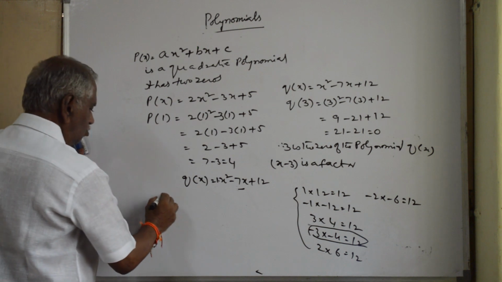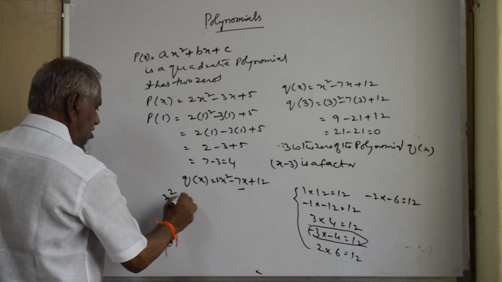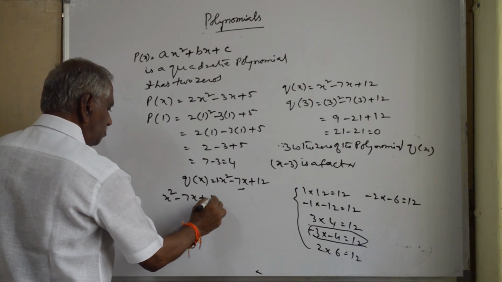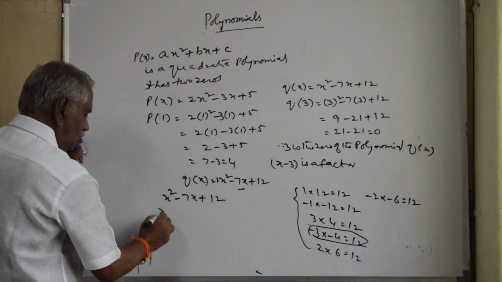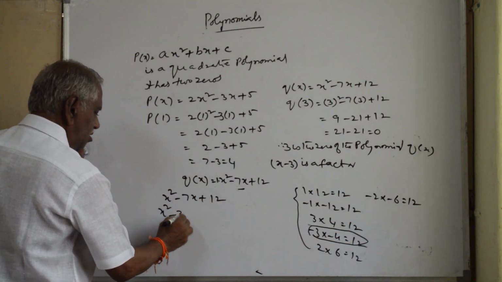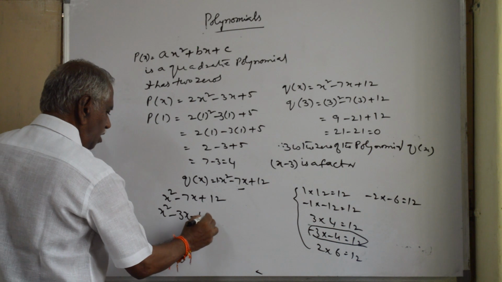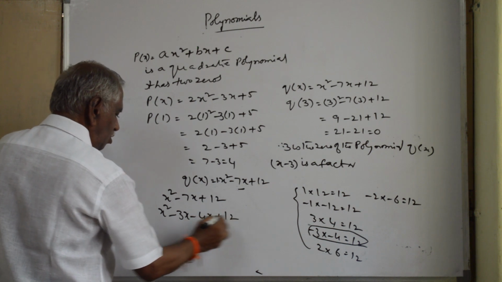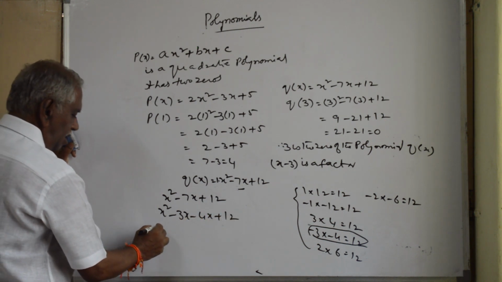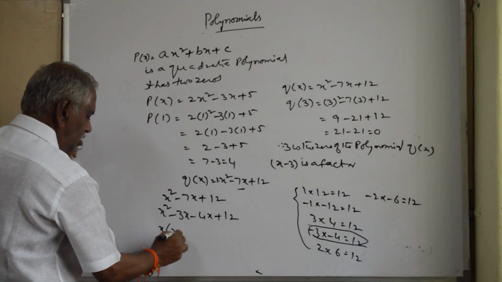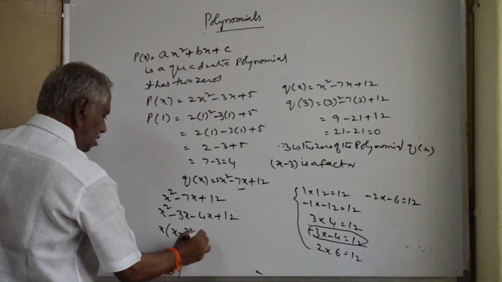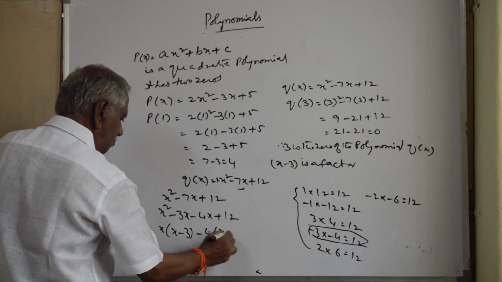So considering x square minus 7x plus 12, we can resolve it as x square minus 3x minus 4x plus 12. We can take common: x is common, x of x minus 3, minus 4 of x minus 3.